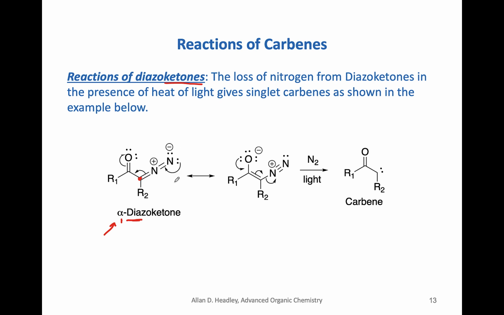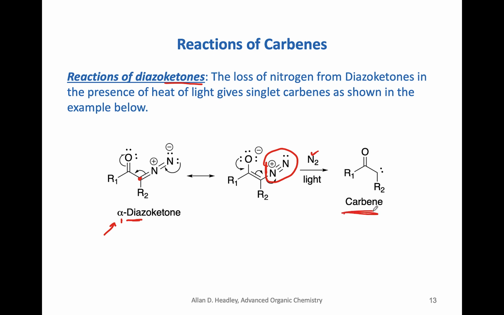You may recall this is the diazo group. Using resonance, we can put the charge onto the oxygen, and you will recall this looks like nitrogen right here. So when these electrons come back in, this kicks out as N2, and we have a carbene right here.